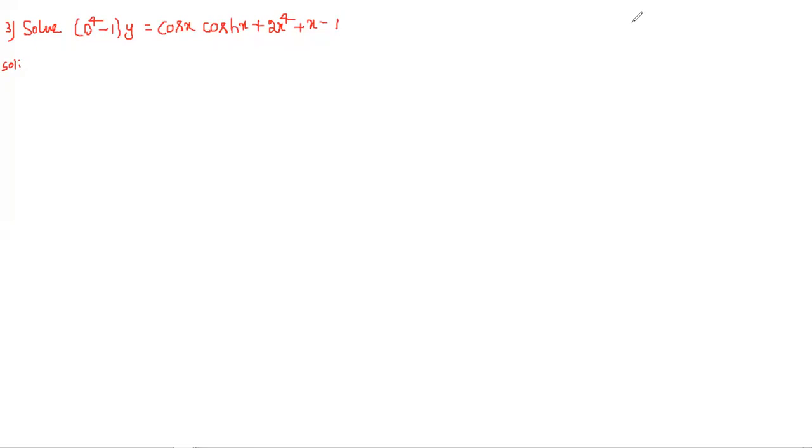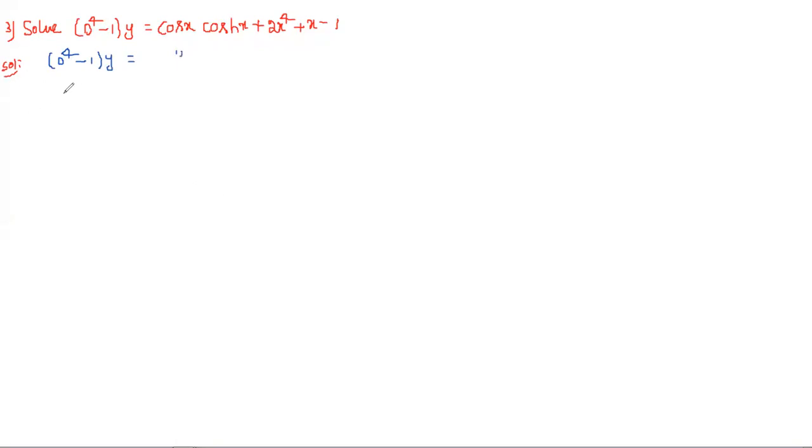Now we are going to see that. So already they gave that in operator form, right? So the given differential equation in operator form is (D^4 - 1) y = cos x cosh x + 2x^4 + x - 1.